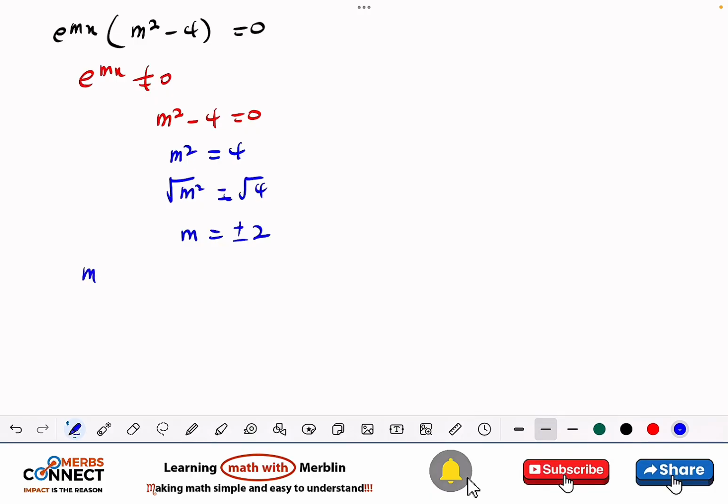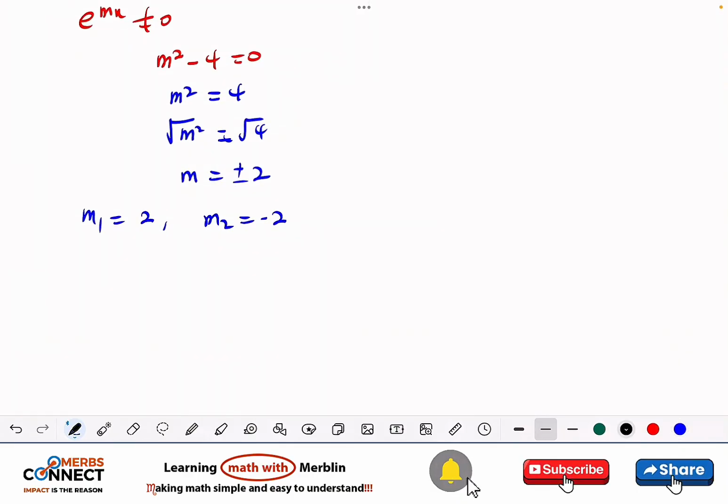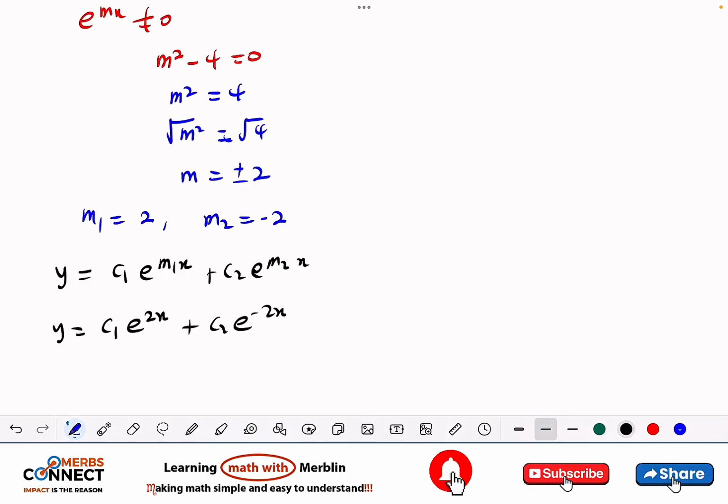So m1 is equal to 2 and m2 is equal to minus 2. So what will be the general solution? The general solution is c1 e to the power m1x plus c2 e to the power m2x, and this gives us c1 e to the power 2x plus c2 e to the power minus 2x. So this will be the general solution.